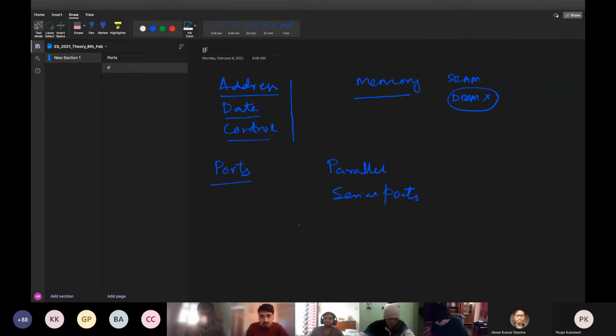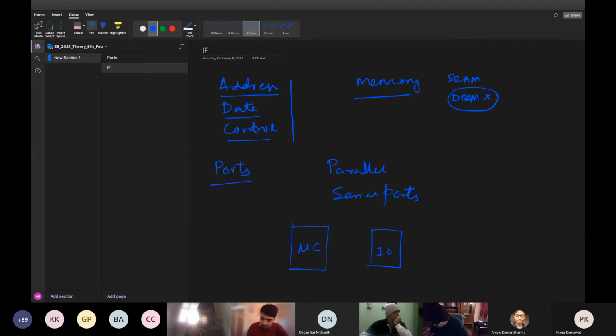When you transfer data from the microprocessor or microcontroller to any IO, you can directly connect address lines, then data lines, and then the control lines. For memory, you could do this, but generally IO devices are slow.